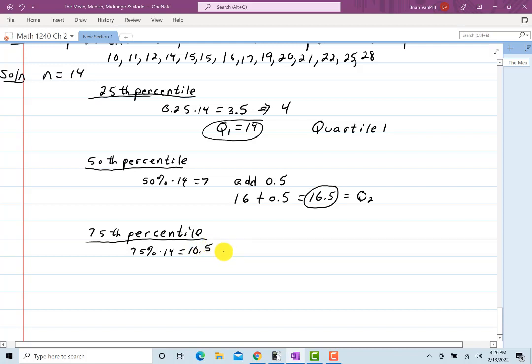So we ended up in a decimal, so I'm looking at position number 11. So 1, 2, 3, 4, 5, 6, 7, 8, 9, 10, 11. And it looks like our Q3 equals 21.